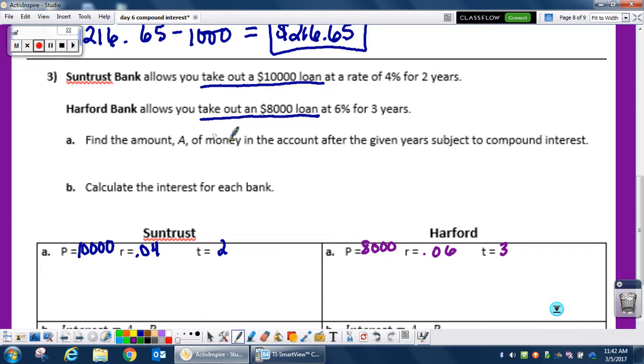Okay, so find the amount of money in the account after the given year subject to compound interest. So you don't see any words that say it's going to be more than once a year, so you're going to use the once a year formula.